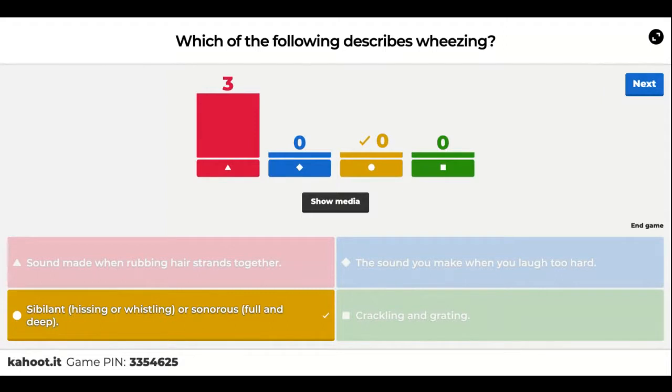But it says which of the following describes wheezing? And the answer is sibilant, hissing or whistling, or sonorous, which is full and deep, okay? So the rubbing of the strands, let me go back to the, I'll tell you what slide it's on.